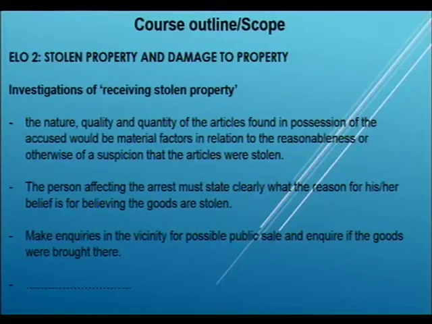Investigation of receiving of stolen property. The nature, quality, and quantity of the articles found in possession of the accused will be a material factor in relation to the reasonableness or otherwise of a suspicion that the articles were stolen.